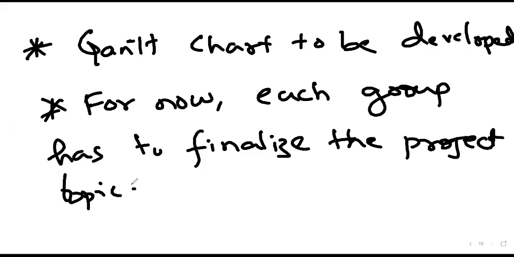The first step can be gathering requirements. Second step can be designing the software. Third one can be developing the features of the website. Fourth step can be developing the code for each of the features.